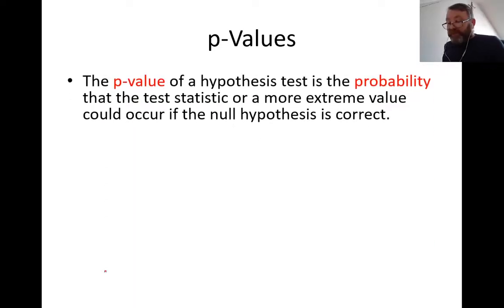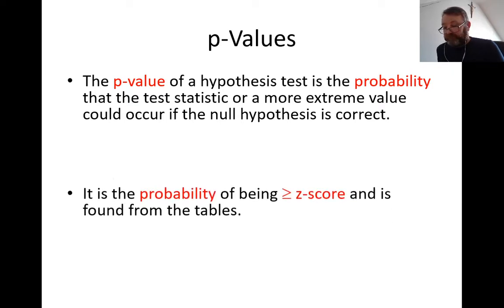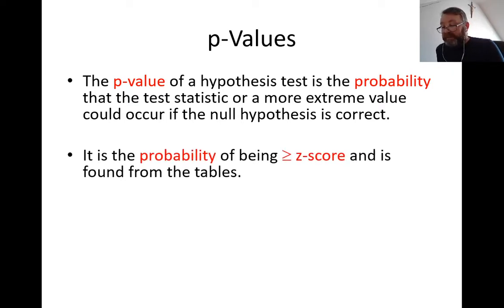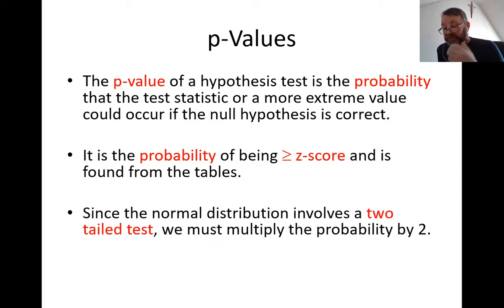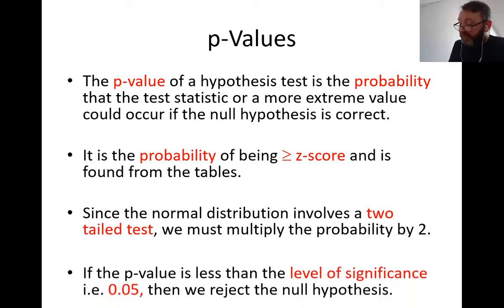Okay, so the p-value of a hypothesis test is the probability that the test statistic or a more extreme value could occur if the null hypothesis is correct. It is the probability of being greater than or equal to the z-score, and it's found from the tables. We know that. And then because it's a two-tailed test, as I said already, you multiply the probability by 2.